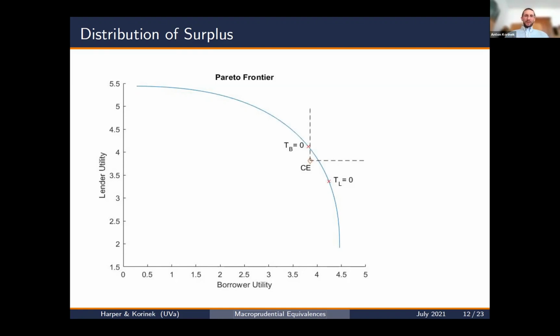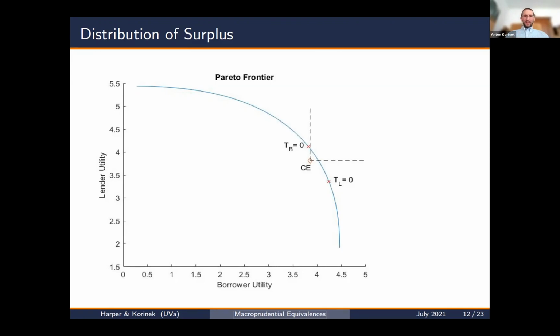What we are showing on this graph is the typical Pareto frontier, a concave curve. We are also indicating the competitive equilibrium here by this diamond. Since there are these externalities, obviously the competitive equilibrium is inside the Pareto frontier. And the dashed lines show us the cone of potential Pareto improvements.